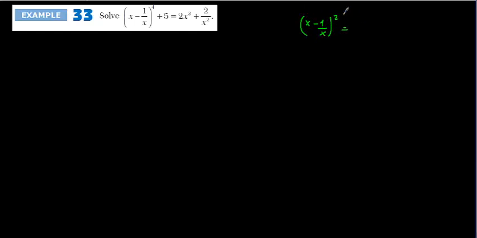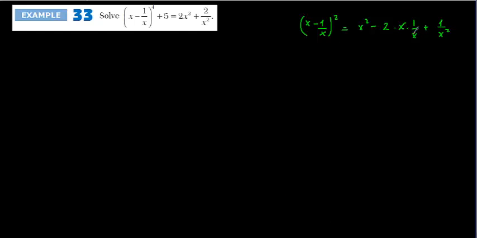Then with respect to this one, I'm going to arrange the things here, and this is equal to x squared minus 2 times x times 1 over x plus 1 over x squared, it's going to be.